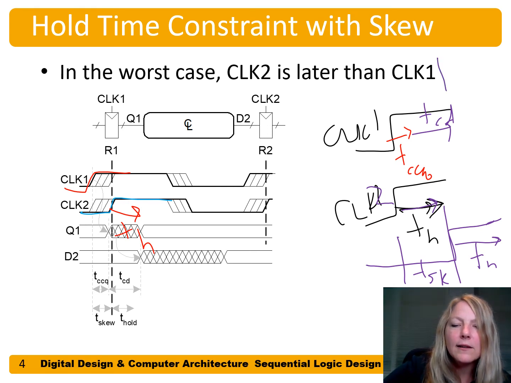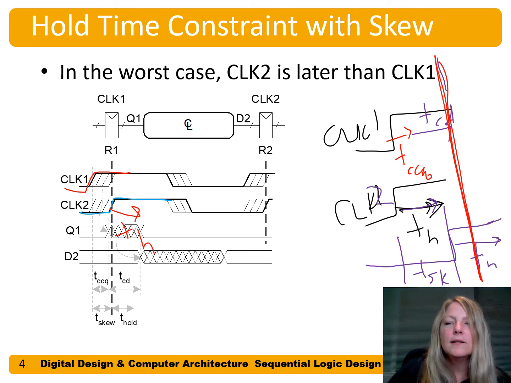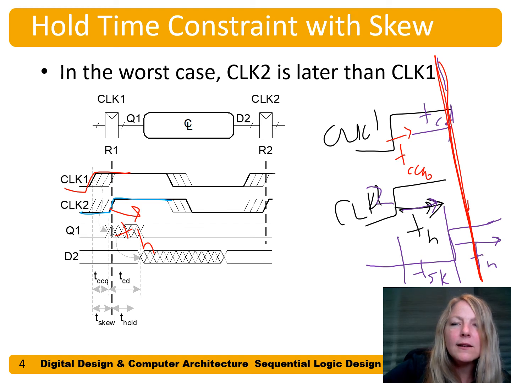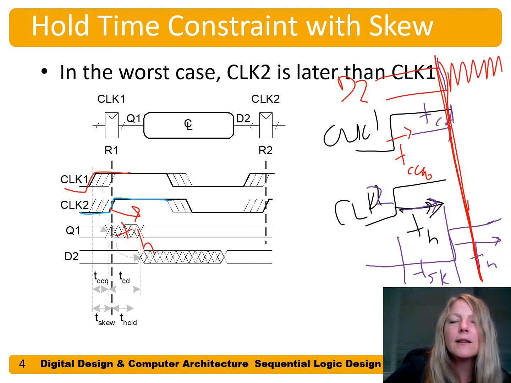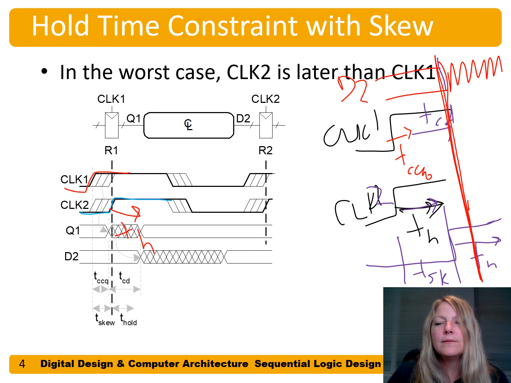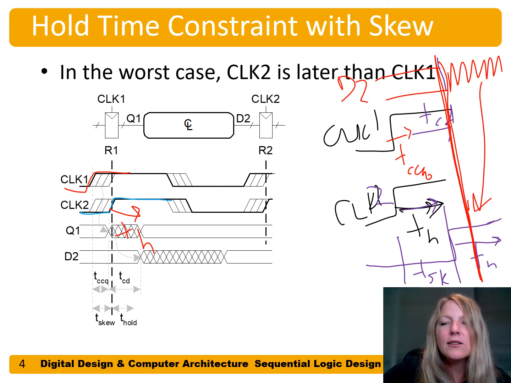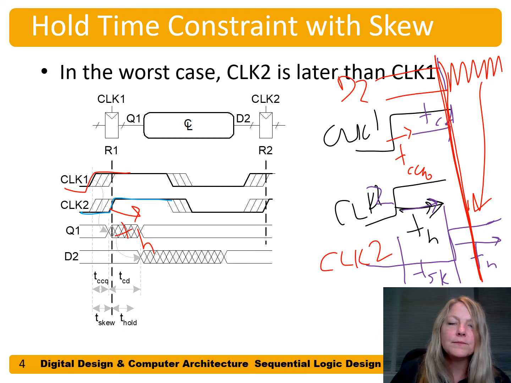In this case, you can see this violates that hold time constraint. It starts changing before that hold time constraint is met. If we were to draw D2, it could start changing as early as TCCQ plus TCD past clock 1's edge. You can see that that is changing within clock 2's hold time when clock 2 is skewed by some amount T skew.